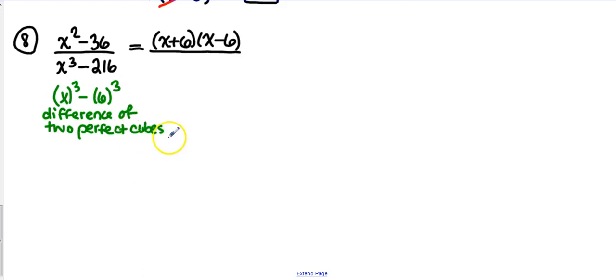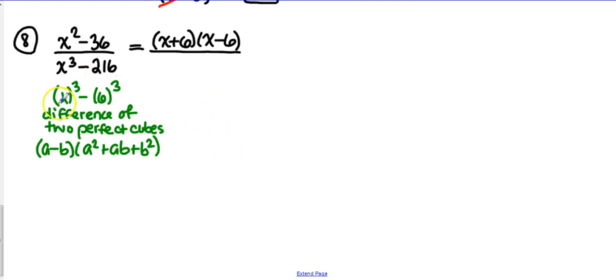And who remembers how that factors? If you remember, take a guess right here, put it down, and then we'll see if we match. The difference of cubes is, by definition, a minus b times a squared plus ab plus b squared.